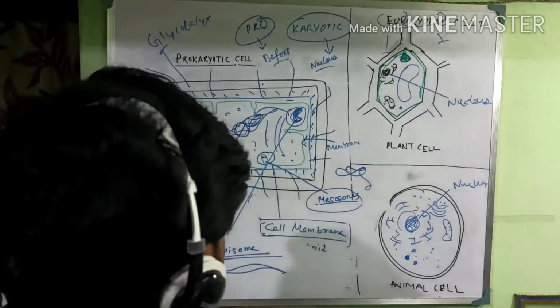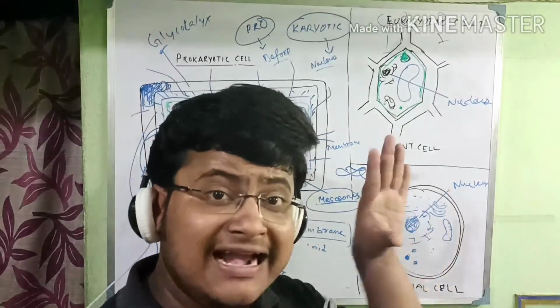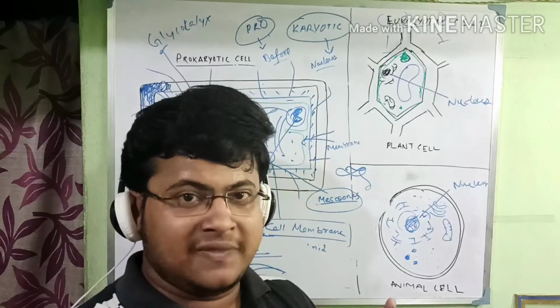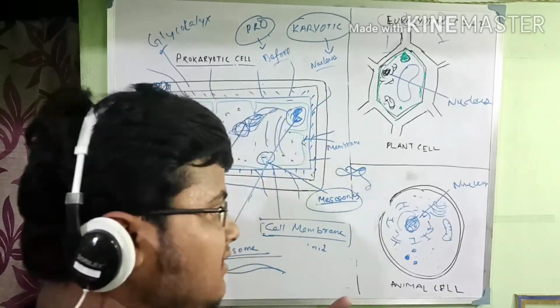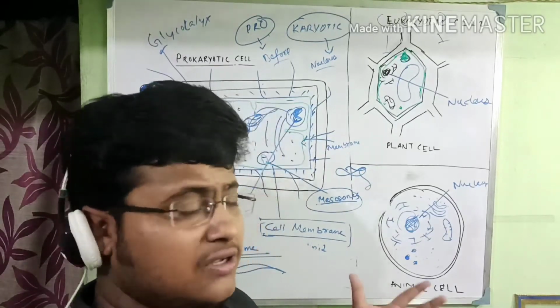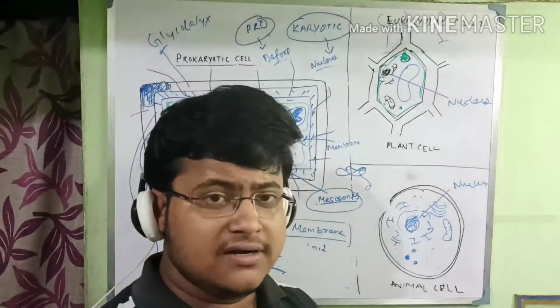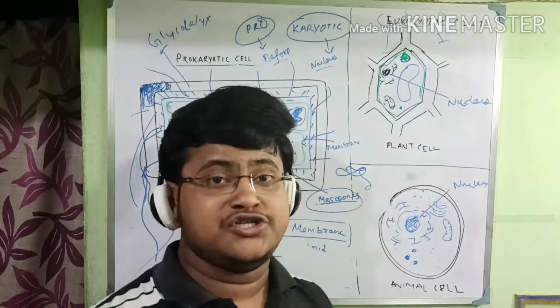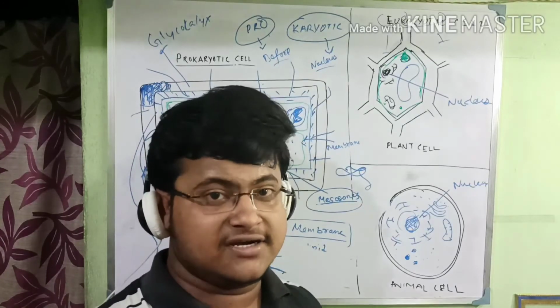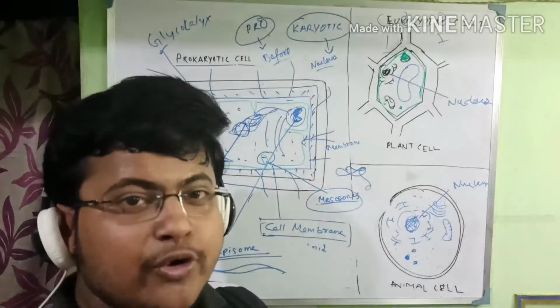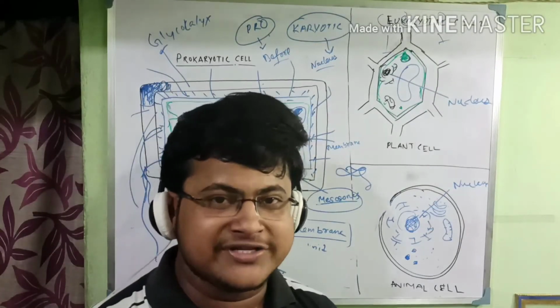The nuclear structure, the ribosome structure and the cell membrane are common with the eukaryotic cell. But unlike the eukaryotic cell, the prokaryotic cell does not have a complete structure. So this is the overview of the prokaryotic and the eukaryotic cell.